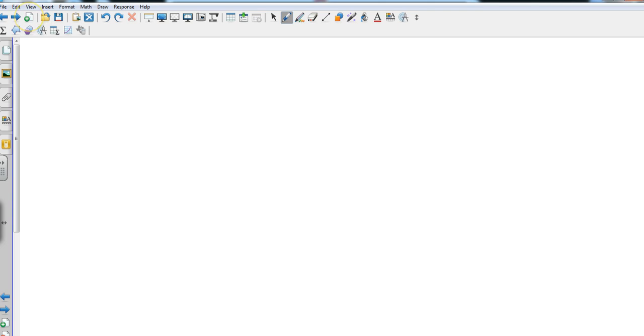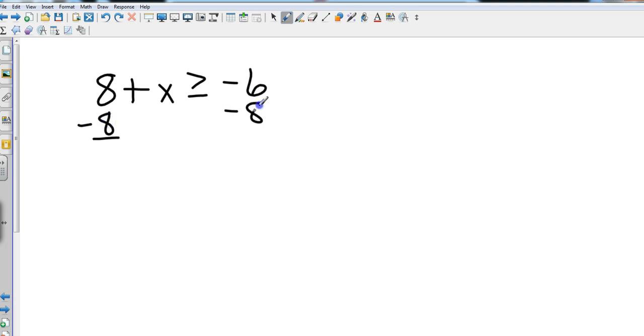So just basic. If we've got 8 plus x is greater than or equal to negative 6. My x is on the left-hand side. It's where I want it to be, so I'm going to move that 8 by subtracting 8 from both sides. So then I end up with x is greater than or equal to negative 14.